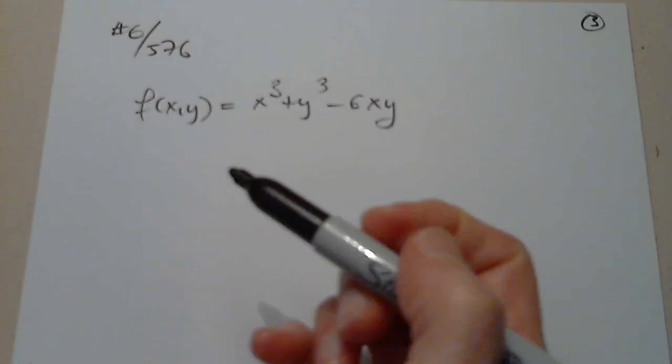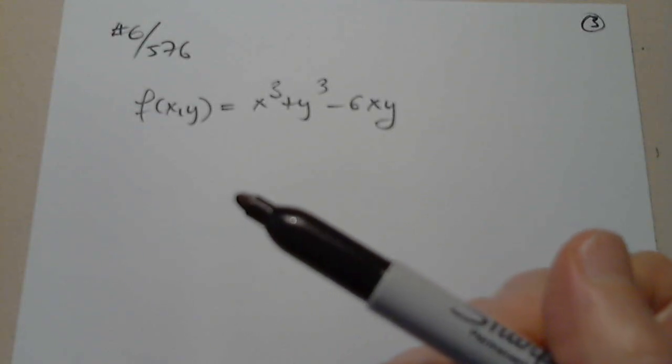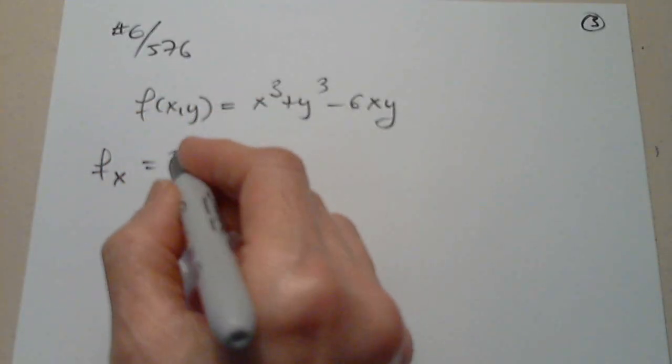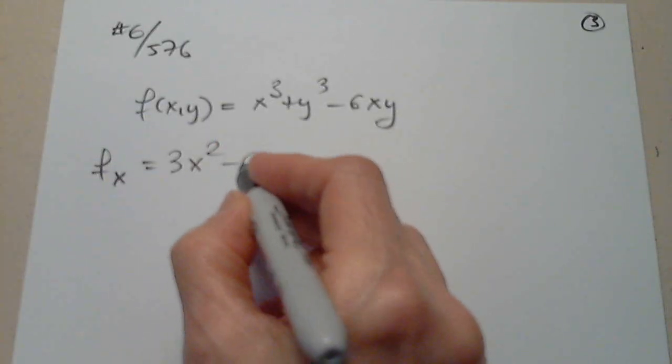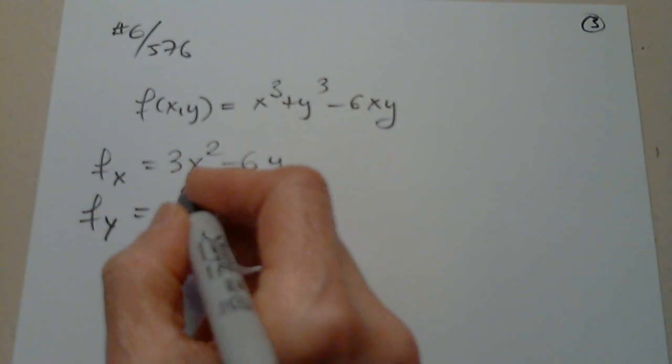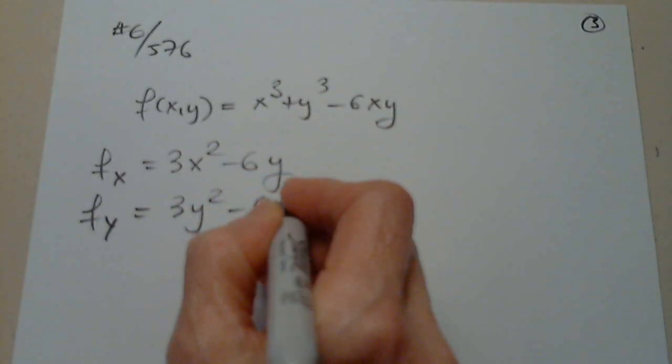So we have to immediately find all those 6 partial derivatives. So we'll find fx, which is 3x squared minus 6y. Let me know if we have any questions at any point in time. Then we want to find fy, which is 3y squared minus 6x.